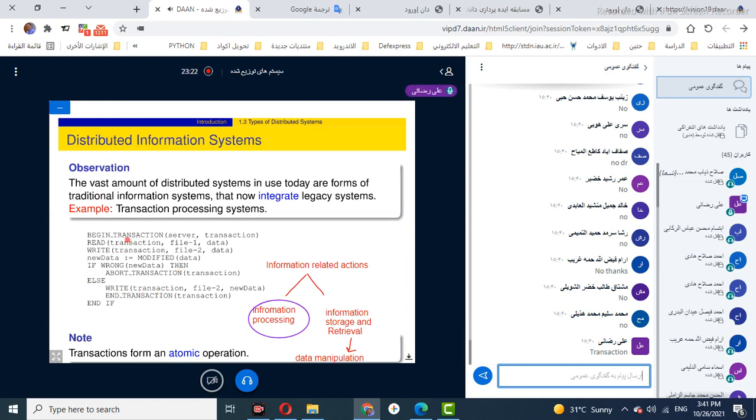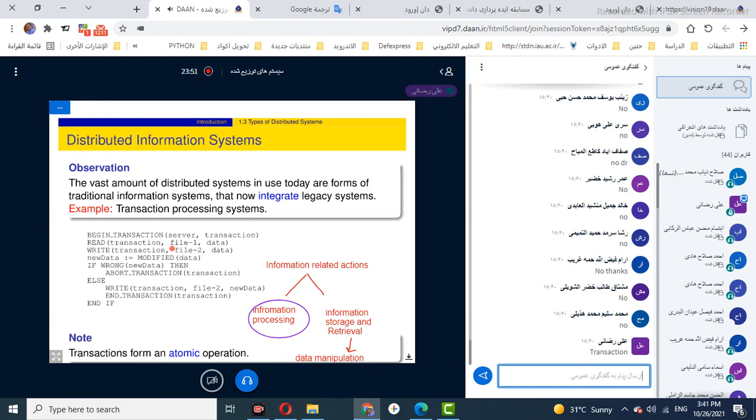For example, look at this transaction: begin transaction here, read this information, write this information, new data is this, and if some condition, then do this. If another condition, then do this, and end the transaction. This is a simple transaction, you can see here.